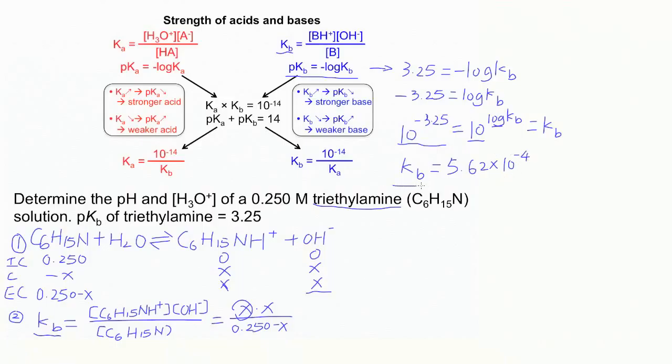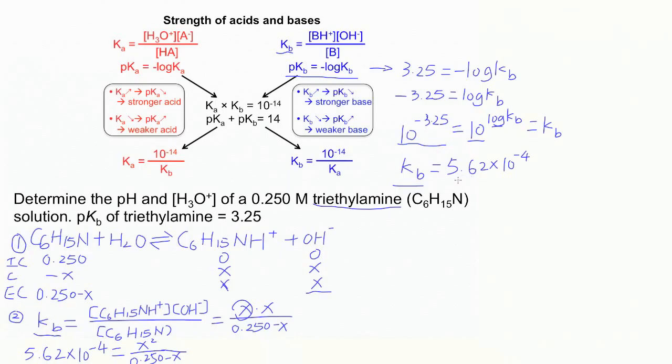Right now, we have Kb, so you can just plug that in and find out the x. So 5.62 times 10 to the negative 4 equals x squared over 0.250 minus x. And now we can make the assumption about the x.